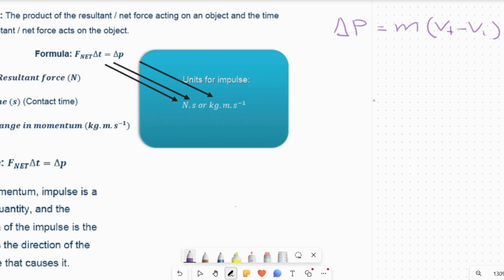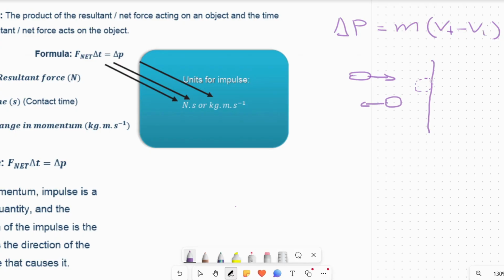All right. So now we are saying whenever an object collides, let's say this is an object here, colliding with another, or it can collide with the wall here.